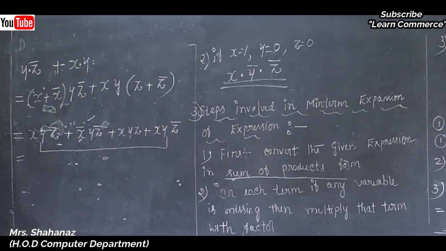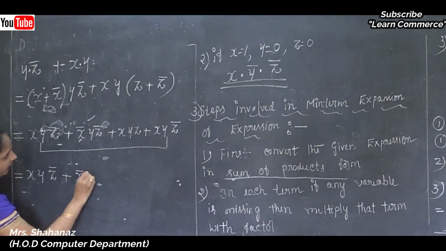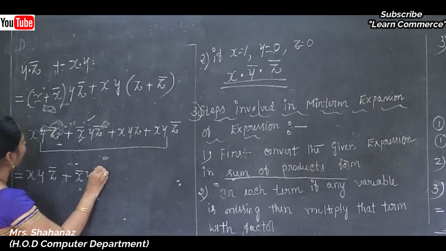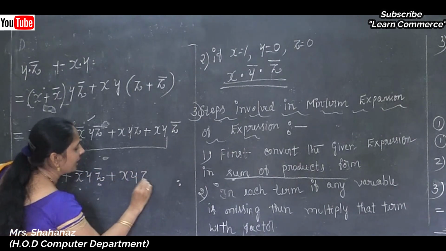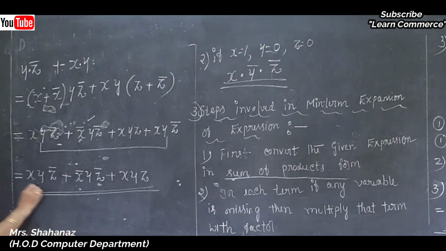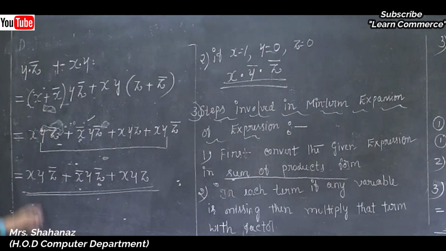Correct? Repeated twice here. So just one time I am going to use it. So the answer is x, y, complement of z plus complement of x, y, complement of z, and later the next one is x, y, z. So this is the answer of converting y and complement of z plus x and y to minterm form.